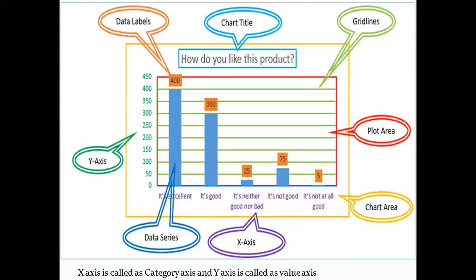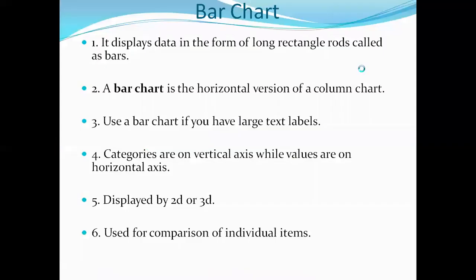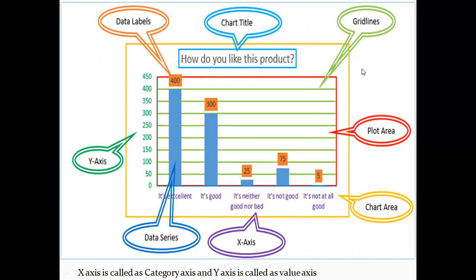Now, before understanding what a chart is and how it is made, you should know the names of each and every section of the chart. So this is a complete chart. Let us understand one by one. At the top you can see the chart title.